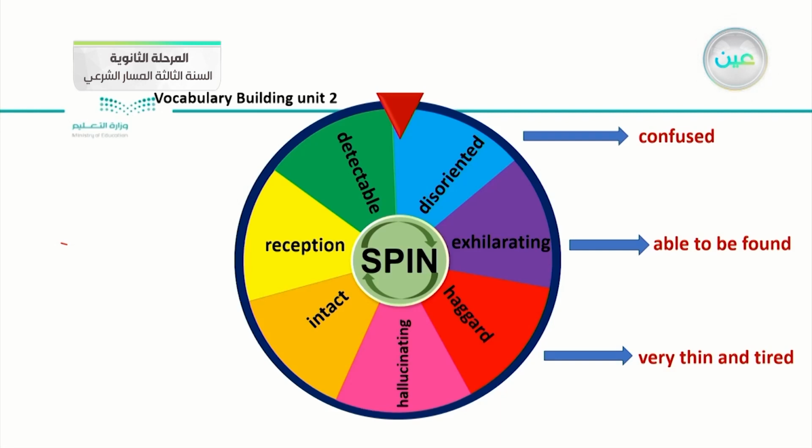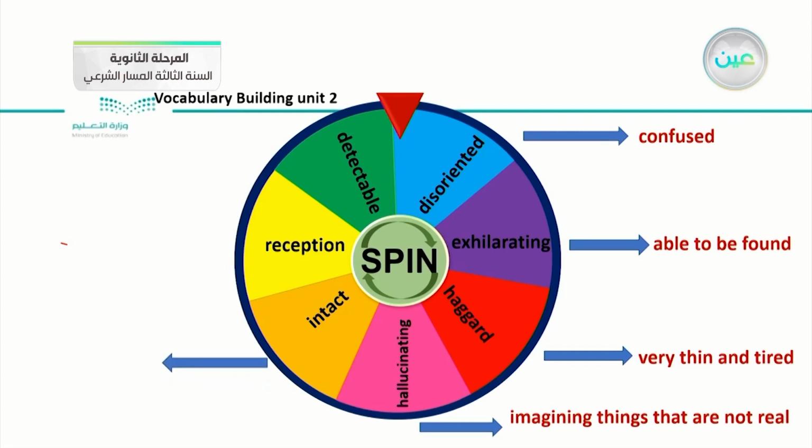Okay, what is the fourth one? Hallucinating, which means imagining things that are not real. So this situation happened with people hallucinating, that means imagining things that are not found in reality.